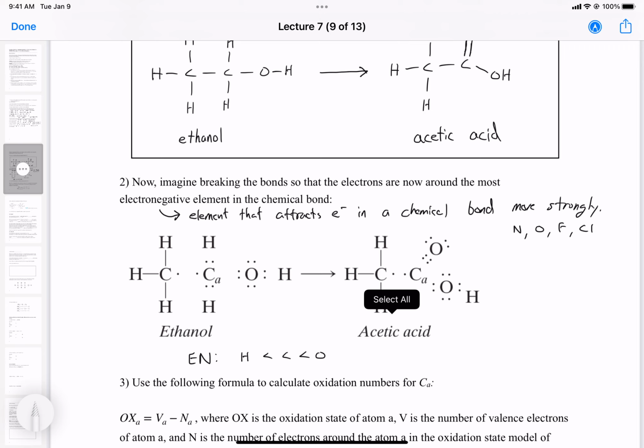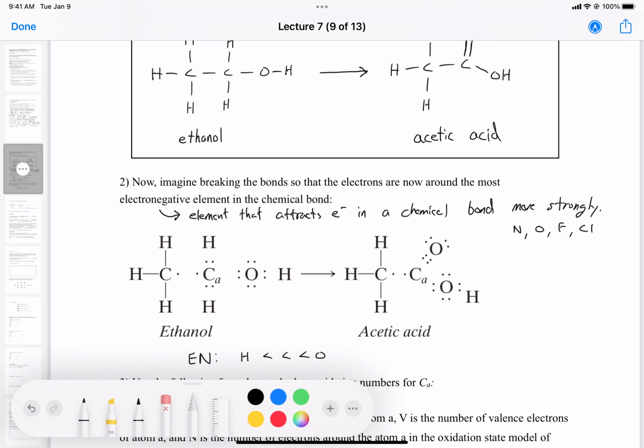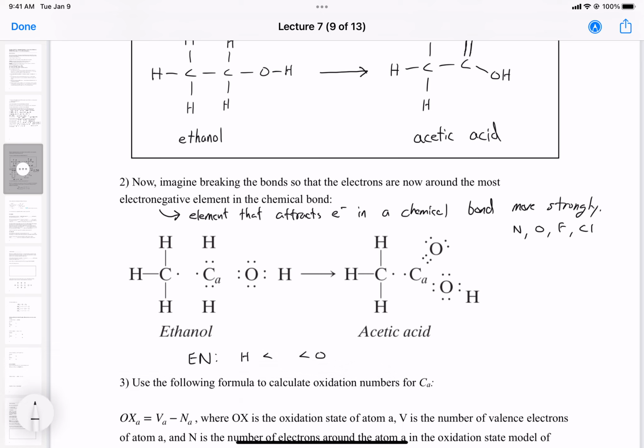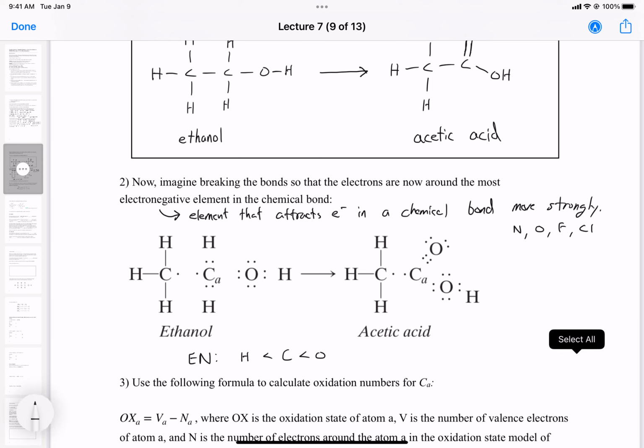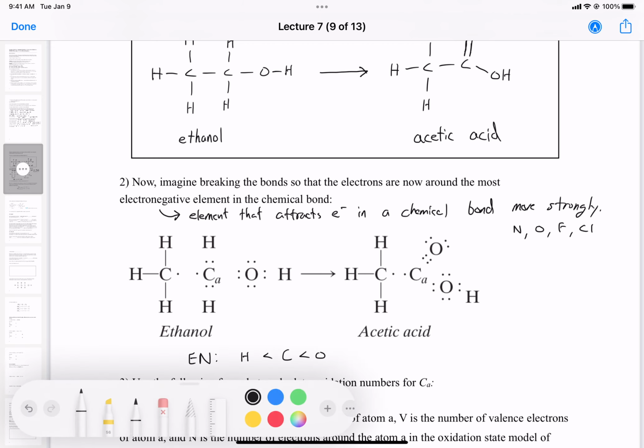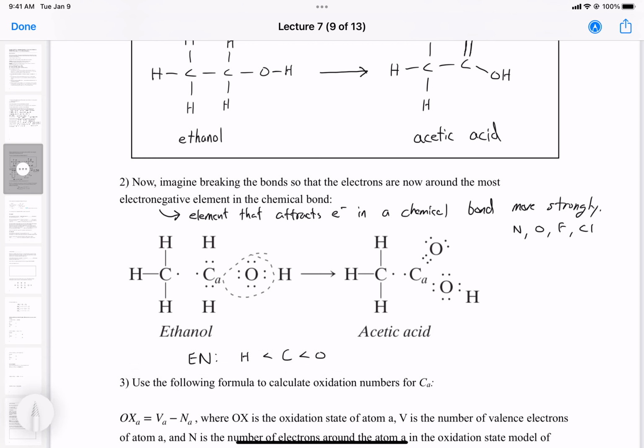And that's because if we look here, I'm sorry, this is probably not clear enough. It looks like an arrow sign. Let's write a better C. Since carbon has a higher electronegativity than hydrogen, it's going to take the electrons from hydrogen. And if we look at oxygen here, see this bond that was originally here? We gave it to oxygen.